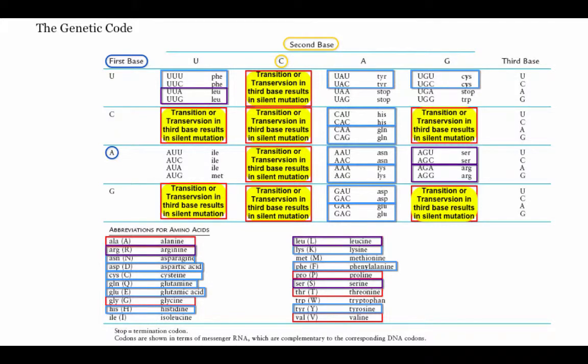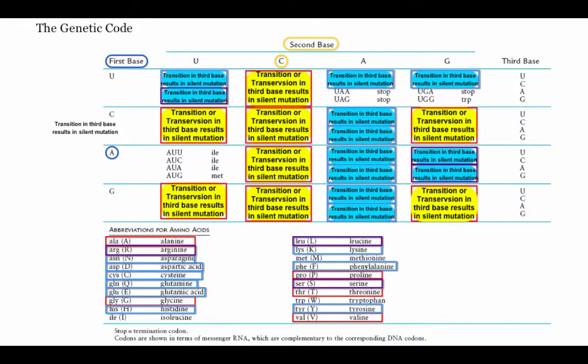And by the way, here we have these extra groups, leucine, serine, and arginine. Remember that they also have groups where there are four codons that all have the same two bases, but then they also have these alternate groups, and I have the alternate groups highlighted in purple. So for any of these three alternate groups or any of these codon pairs that are highlighted in the lighter blue, if you have a transition mutation in the third base, then you will have a silent mutation.